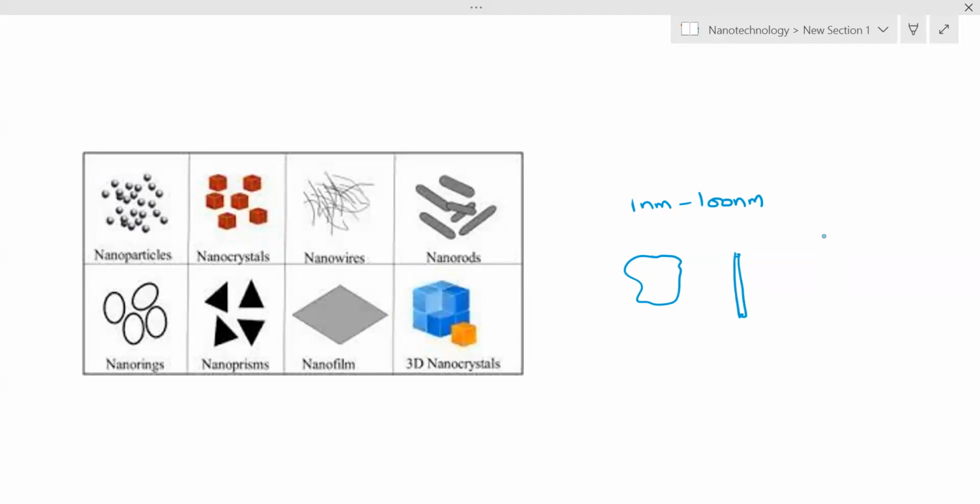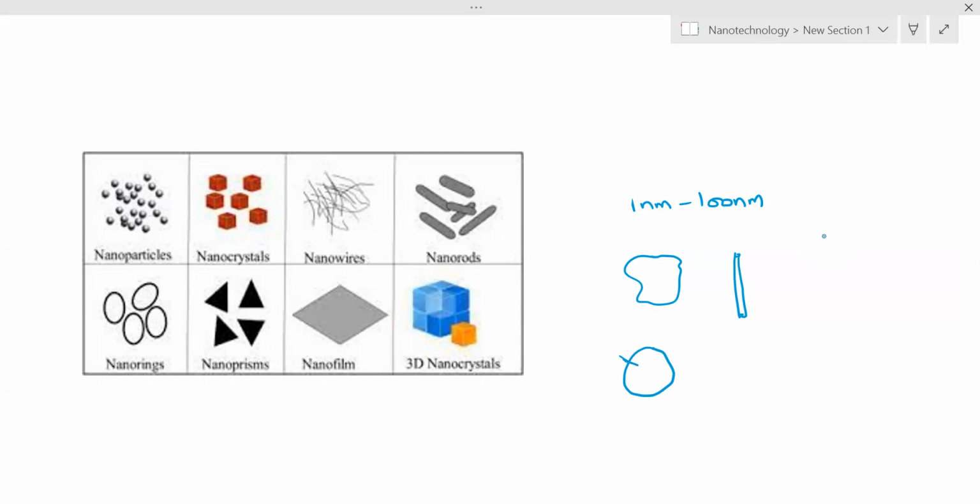These are also one-dimensional nanomaterials, because when we take a nanowire and connect it like this, it becomes a nanoring. Only in this circular direction is the size greater than 100 nanometers, but if we take the cross section, it will be less than 100 nanometers.